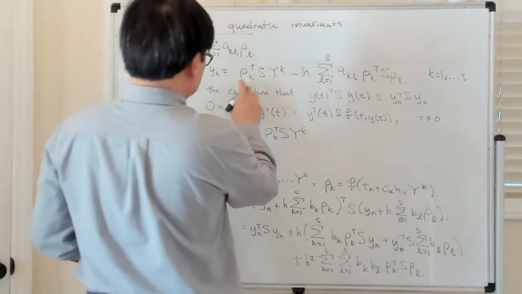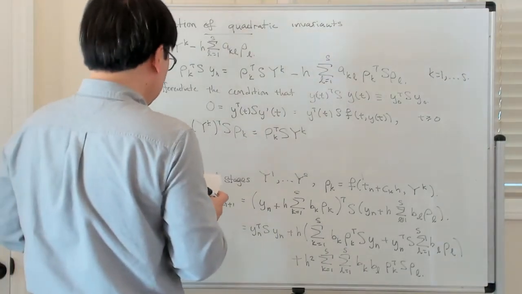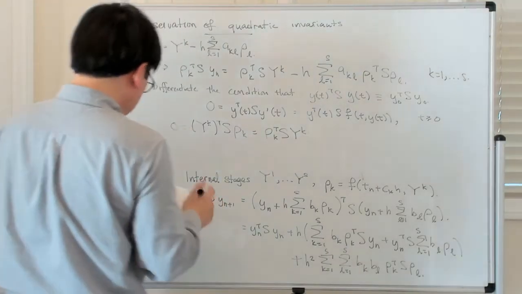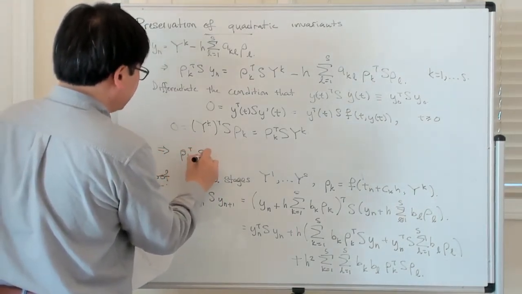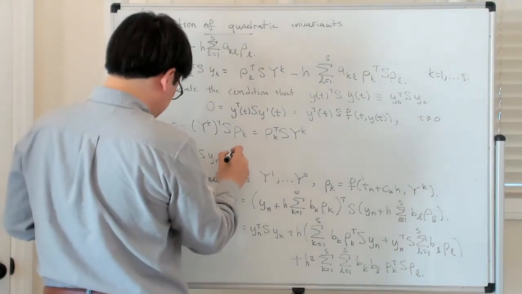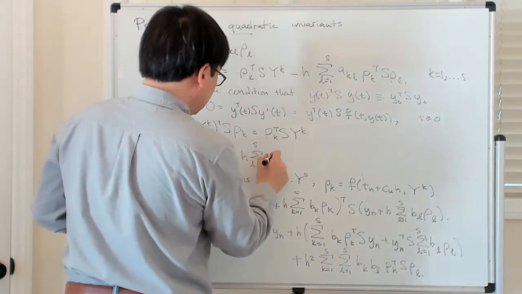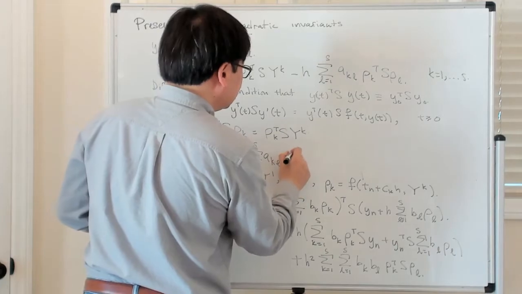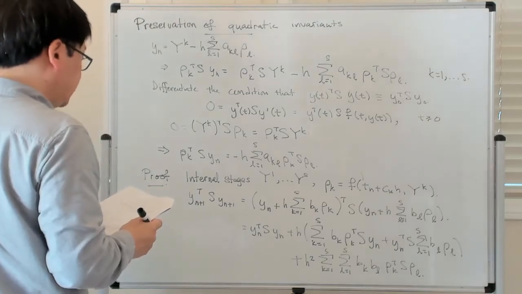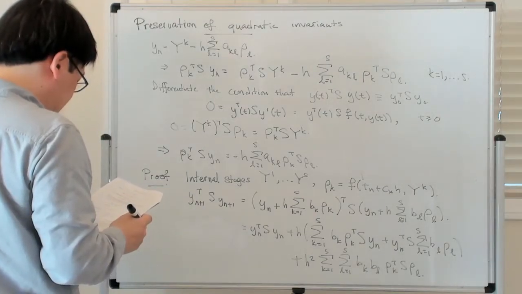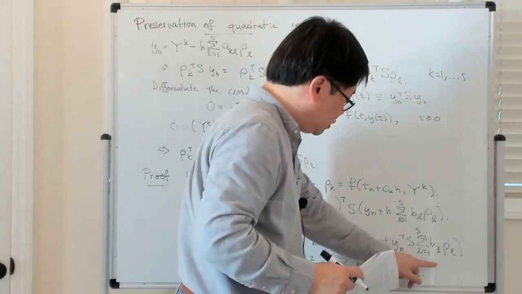So these terms vanish, is the main point. So you're just left with, this implies that rho k transpose S yn is equal to minus h times the sum from L equals 1 to s of akl rho k transpose S rho L. And then you can use a similar argument to deal with this other term here.